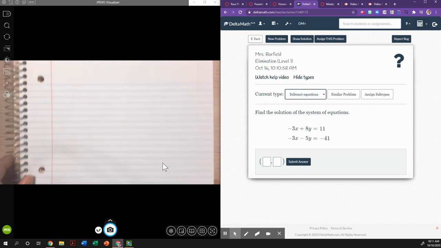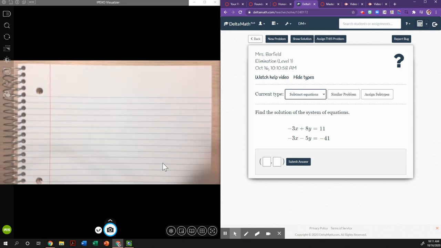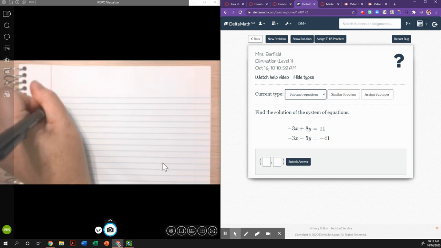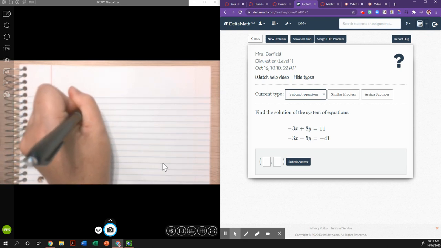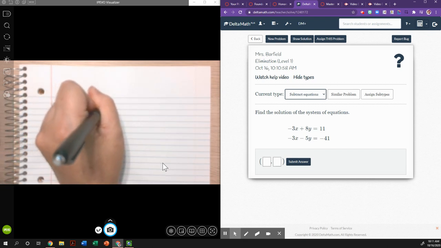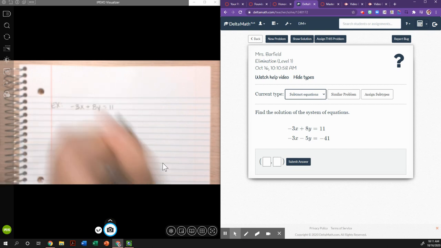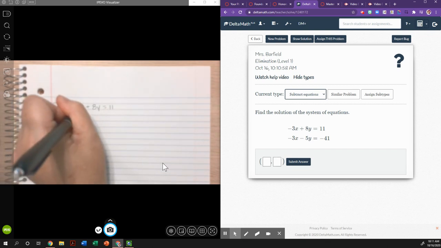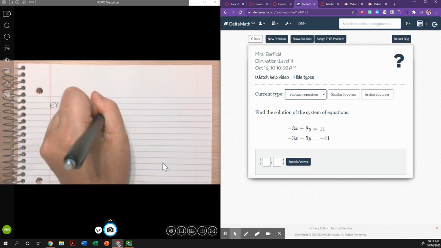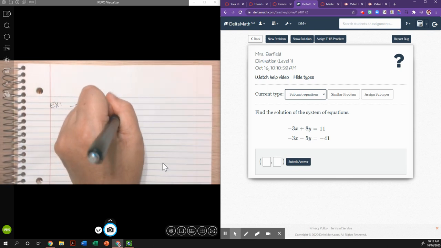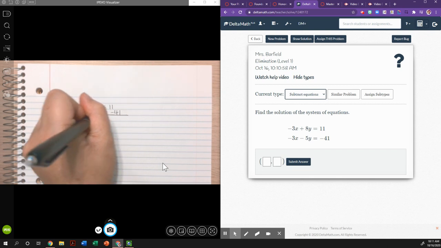Let's look at what we're going to be doing. Our first example here is negative 3x plus 8y equals 11 and negative 3x minus 5y equals negative 41.